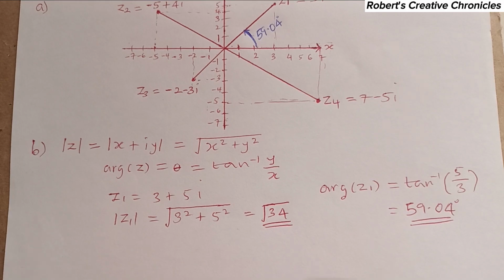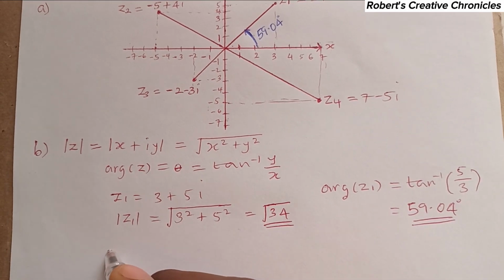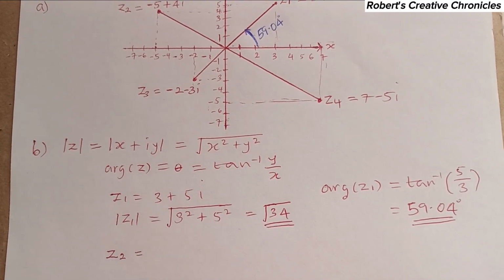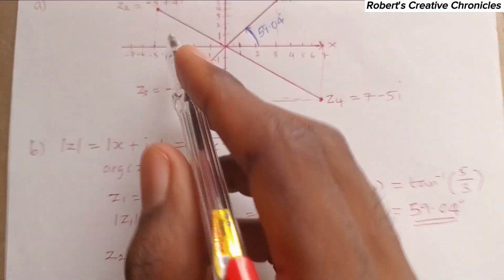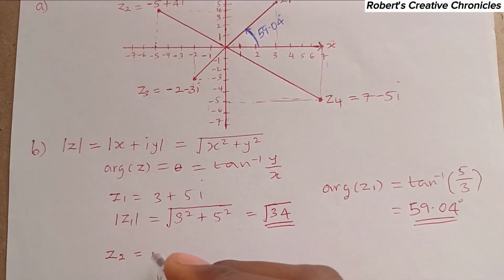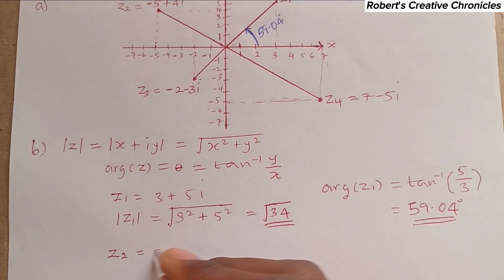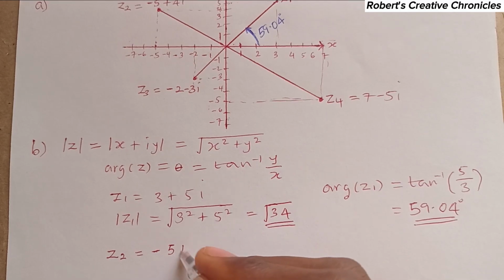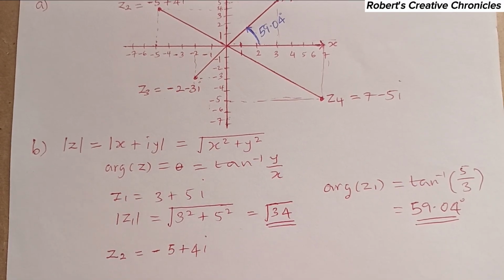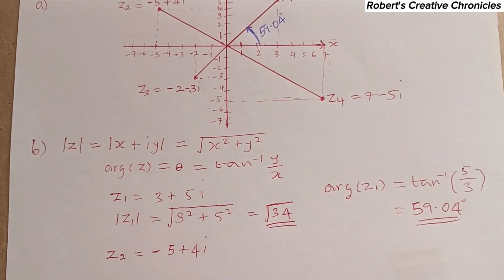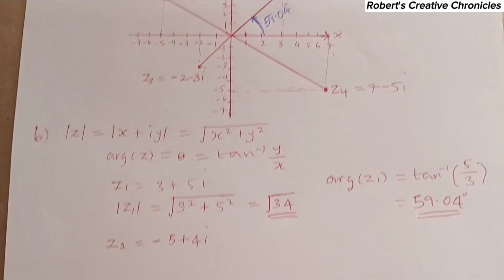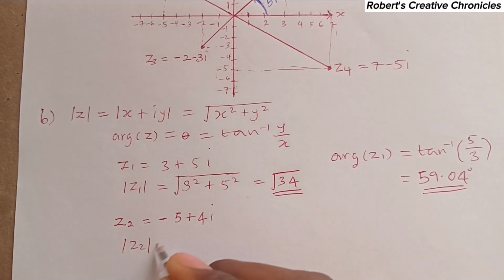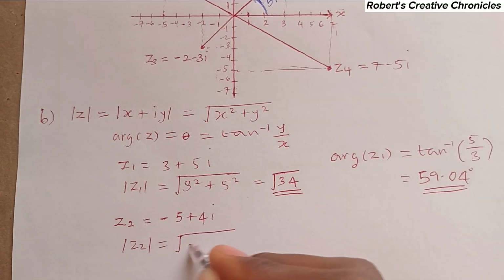So now the second one, z2. z2 is what? Minus 5 plus 4i. Then the modulus is equal to what?